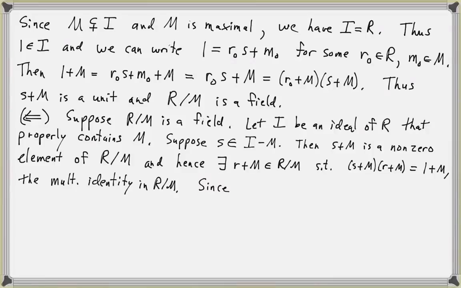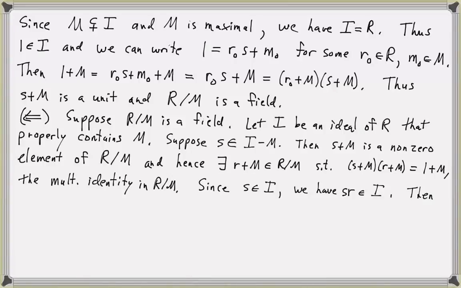Now we're assuming that S is in I. So since S is in I, we have S times R as an element of I, because I is an ideal.